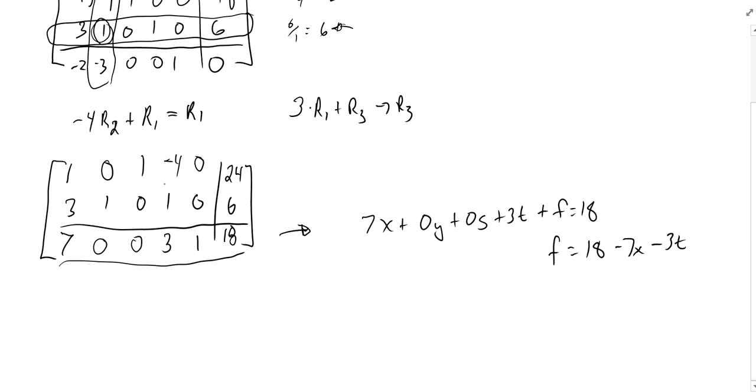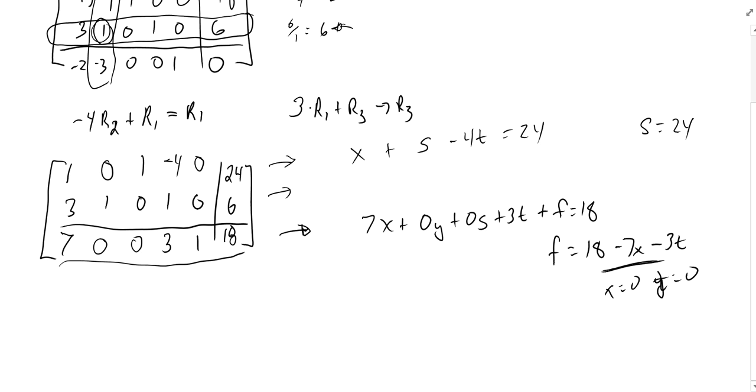Now if I go back and look at the other two equations, each one of these rows is a different equation. It's x plus s minus 4t equals 24. And I've decided based on my objective function that I want x to be 0 and t to be 0. And so if x is 0 and t is 0, that leaves me that s is equal to 24.